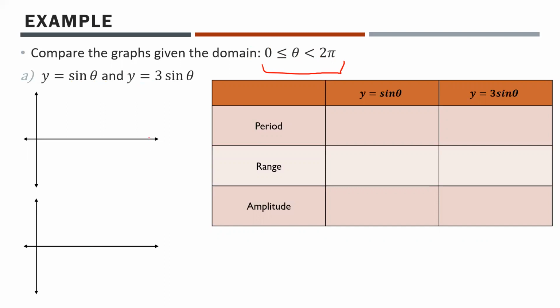So since that's dictated to us, I'm going to say that the edge of this is 2 pi on both of these graphs. The other thing I want you to remember is I told you in the last slide that amplitude is your a value. So on y equals sine theta, we're going to have an amplitude of 1. In other words, the maximum point from the midline that it's going to go up is just at 1. Now, I'd like to make my scale the same on both of these little graphs.